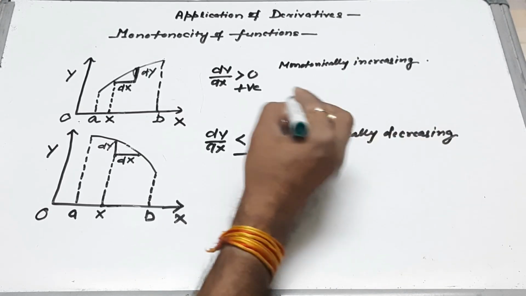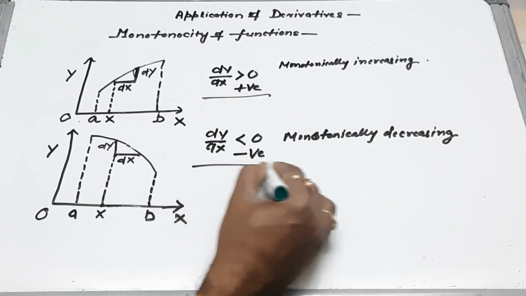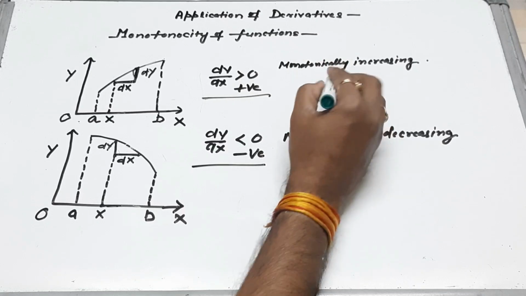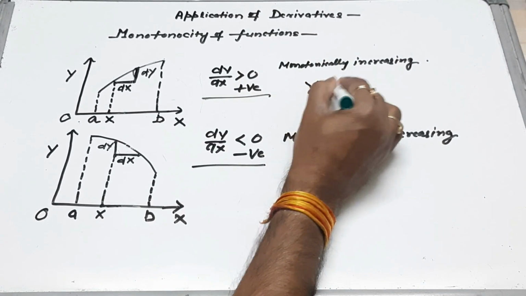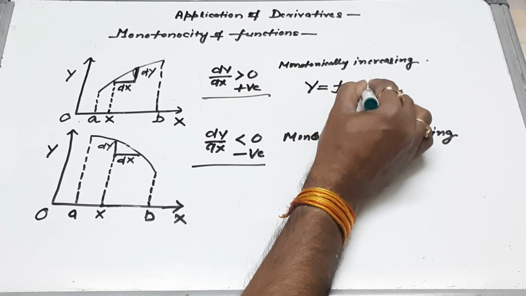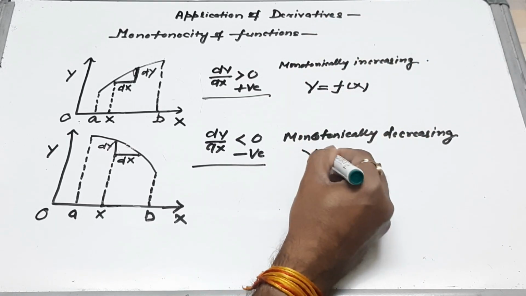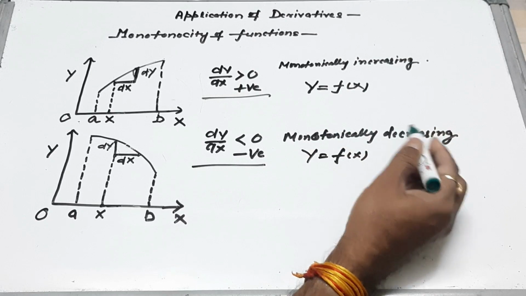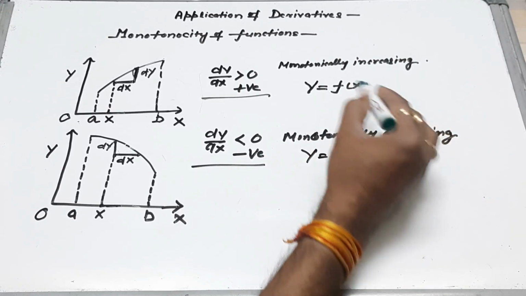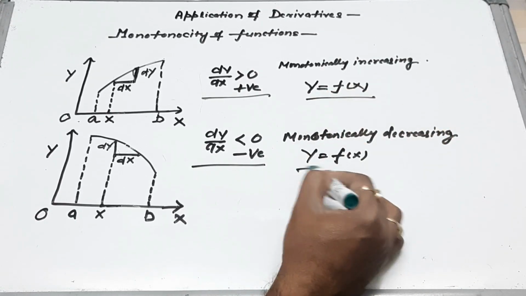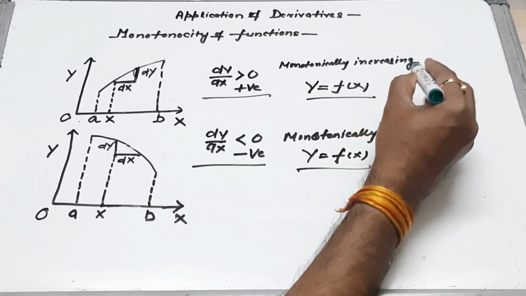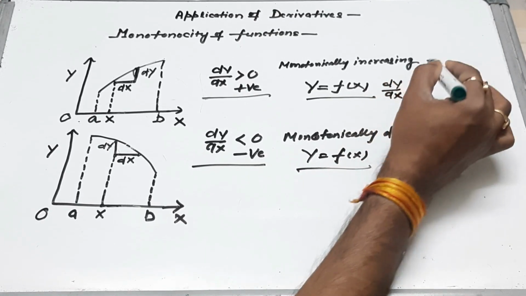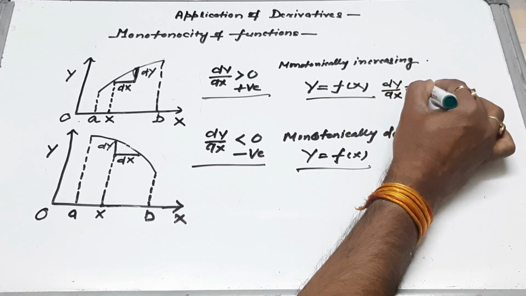So here we got the condition for checking the monotonicity of the function. What you will do? Suppose a function y equal to f(x) is given. We don't know if it is monotonically increasing or monotonically decreasing because we don't have a graph. We only have an equation. So seeing the equation you cannot tell. What will you do? You just find out dy by dx, means f dash x.